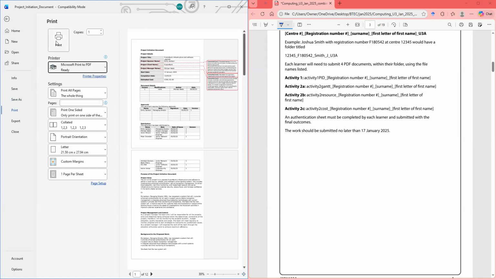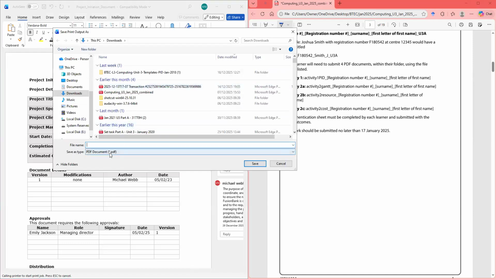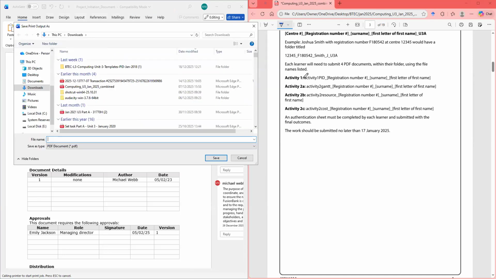And then when we hit print, this is going to come up. It's going to tell us PDF. What you need to do is copy this first piece here, Activity PID 1, Control C. And then your register number, whatever it's going to be.